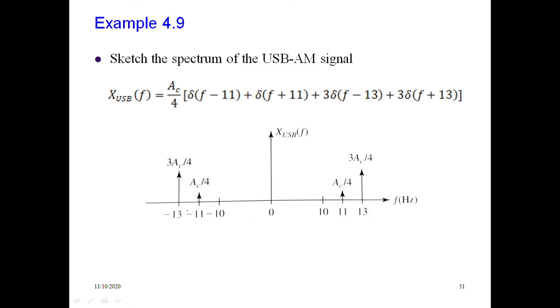We got 13 and 11, and the other part is 13 and 11. Previously it had this side, but now we don't have it. So this is the spectrum of the upper sideband, only one side.